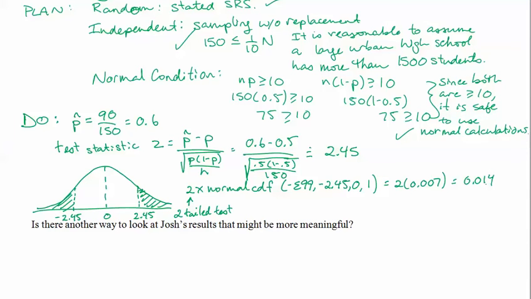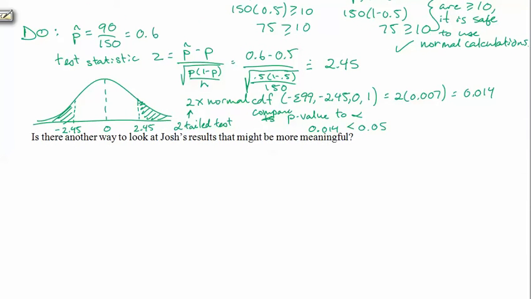So, to make our conclusion, we need to compare our p-value to alpha. So in this case, our p-value is 0.014, which is less than alpha of 0.05. And we'll use the space here to conclude.